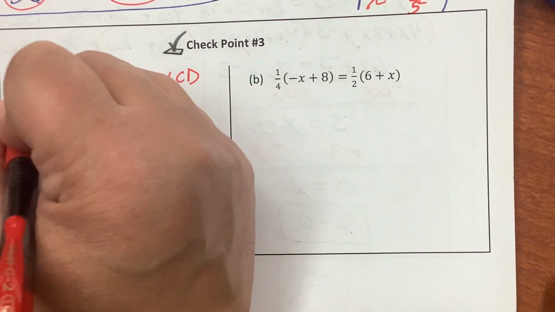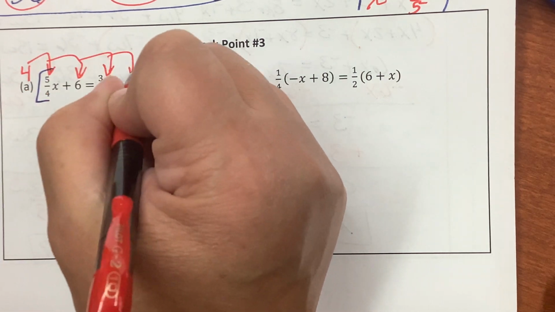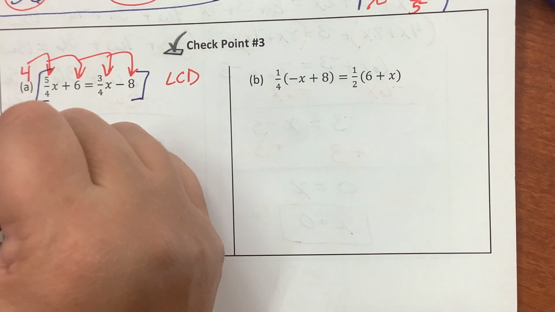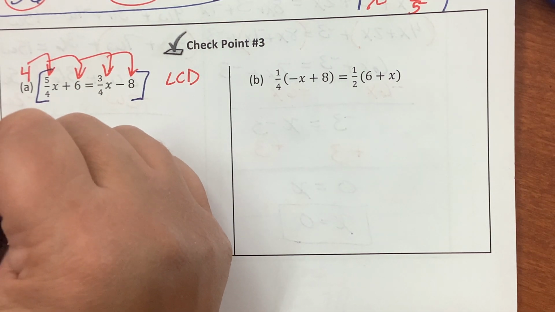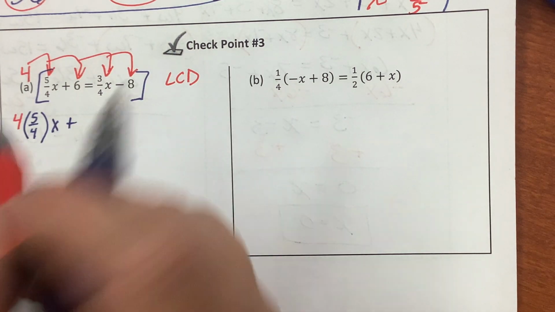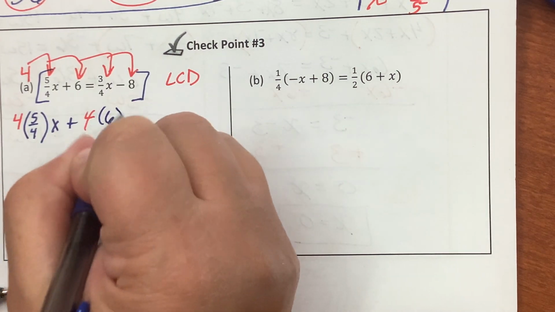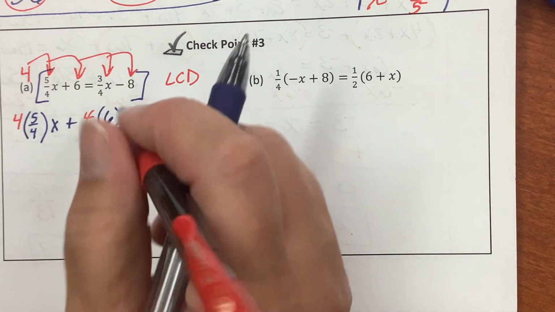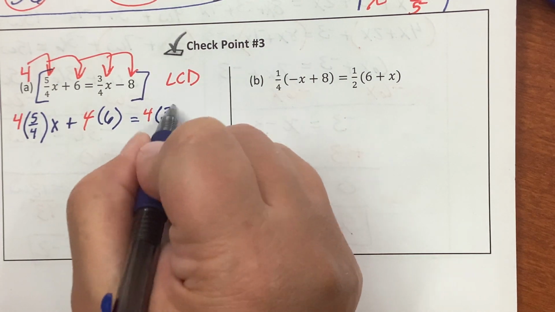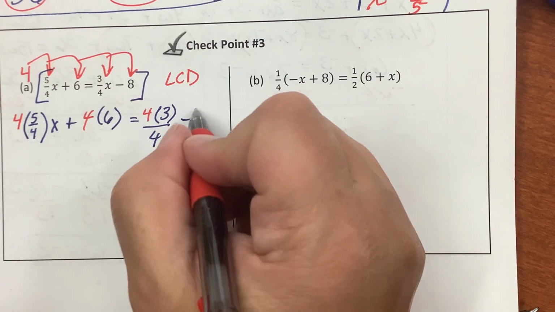So everybody times 4. 4 times 5 over 4 x plus 4 times 6 equals 4 times 3 over 4 minus 4 times 8.